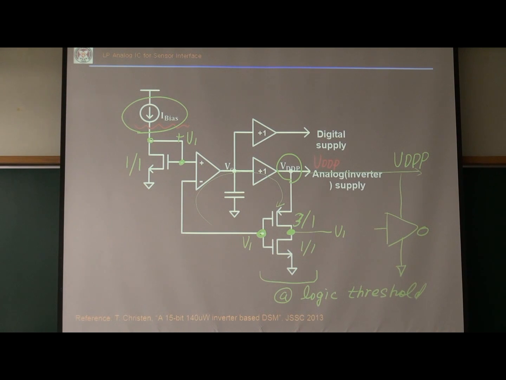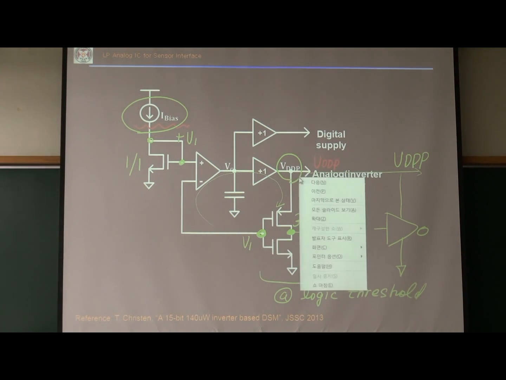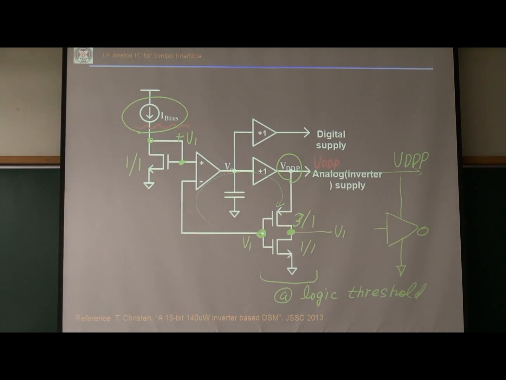Then this VDDP will make this transistor operate at the logic threshold point, right? Because it is a diode. So I just generate this voltage and then make the same here, right? Oh, sorry, one thing is missing.